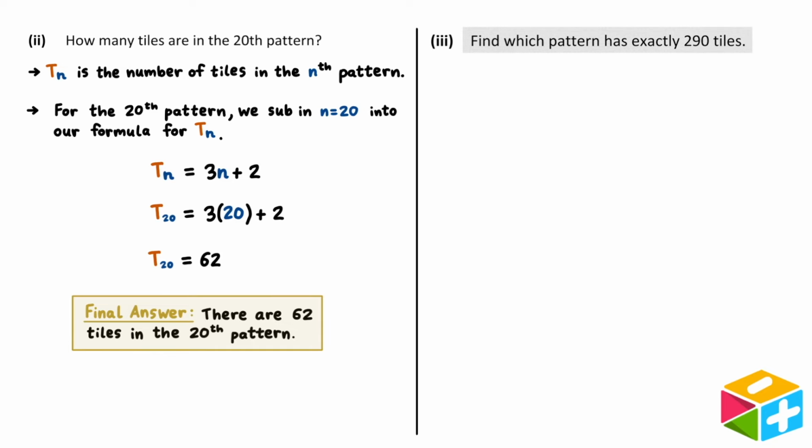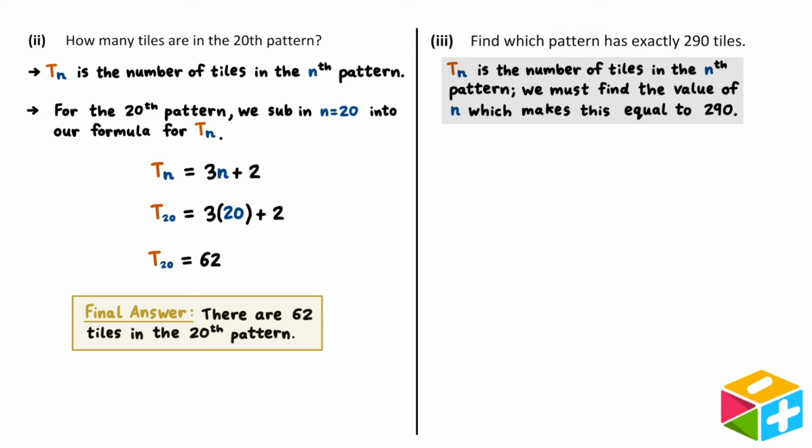In the next part of the question, we have to find which pattern has exactly 290 tiles. Remember, Tn represents the number of tiles in the nth pattern. We want the number of tiles to be 290.